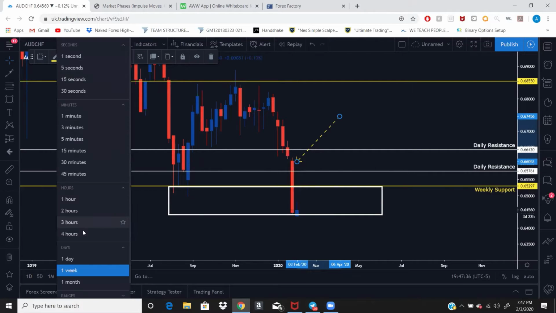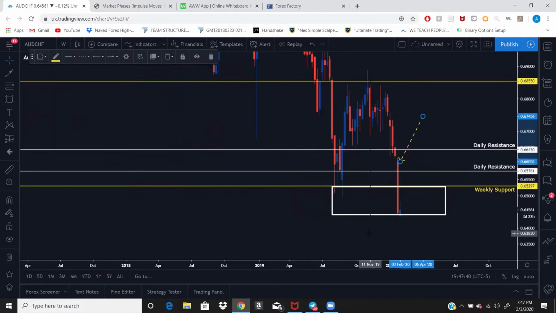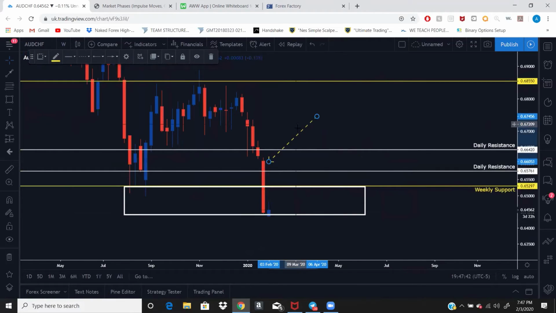Sorry about that. So to conclude on the weekly, unless this current weekly closes below this weekly support, I won't consider this a breakout, right? That's number one. Number two, it's in the weekly demand zone, right? So there are going to be a lot of people scaling into buys, most likely, especially if the AUD news comes positive tonight.